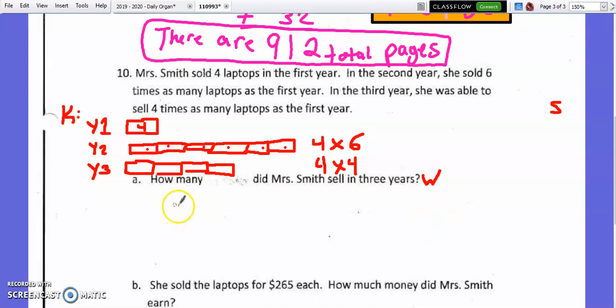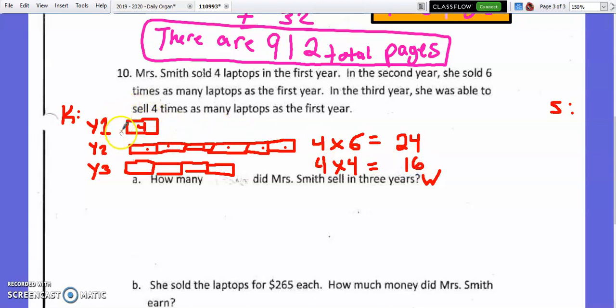First, what I want to know for question A is how many did Mrs. Smith sell in all 3 years? In order to do that, I need a totally separate number sentence. First, I need to multiply year 2, which tells me she sold 24 laptops. Then I need to multiply year 3, and 4 times 4 tells me that she sold 16 laptops.